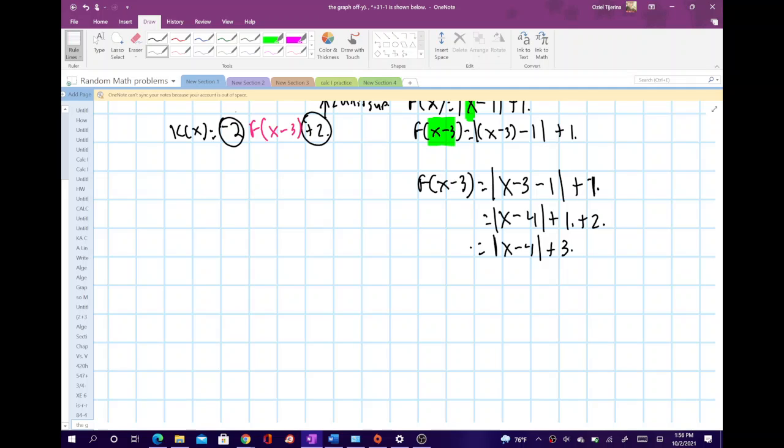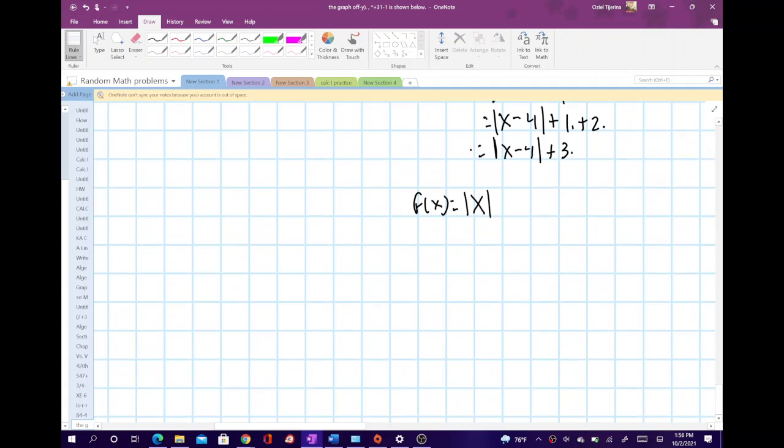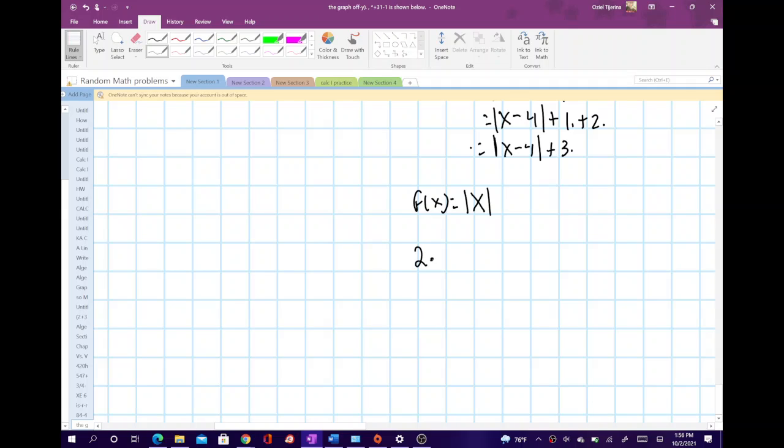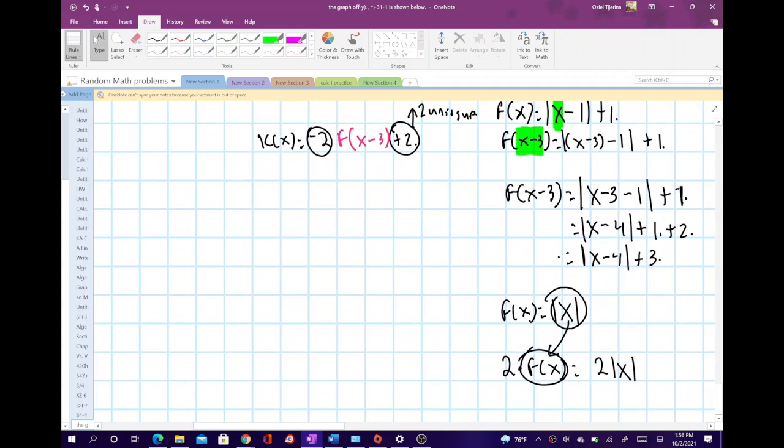It just tells you it's going to be on the very front of your absolute value. If I say, for example, f of x equals absolute value of x, then that means that 2 times f of x is just equal to 2 times absolute value of x. That's because f of x is this part. Okay? That's what that is saying.